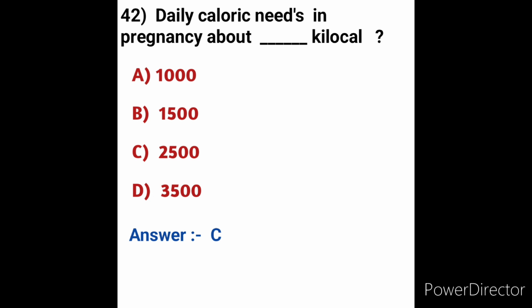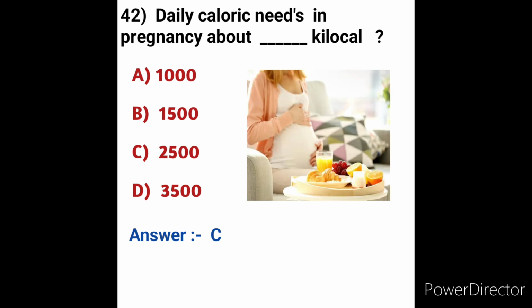The caloric need is about 1800 kilocalories per day in the first trimester, approximately 2200 kilocalories per day in the second trimester, and 2400 kilocalories per day during the third trimester. Here the daily calorie need in pregnancy is option C, approximately 2500 kilocalories. Option C is the correct answer.